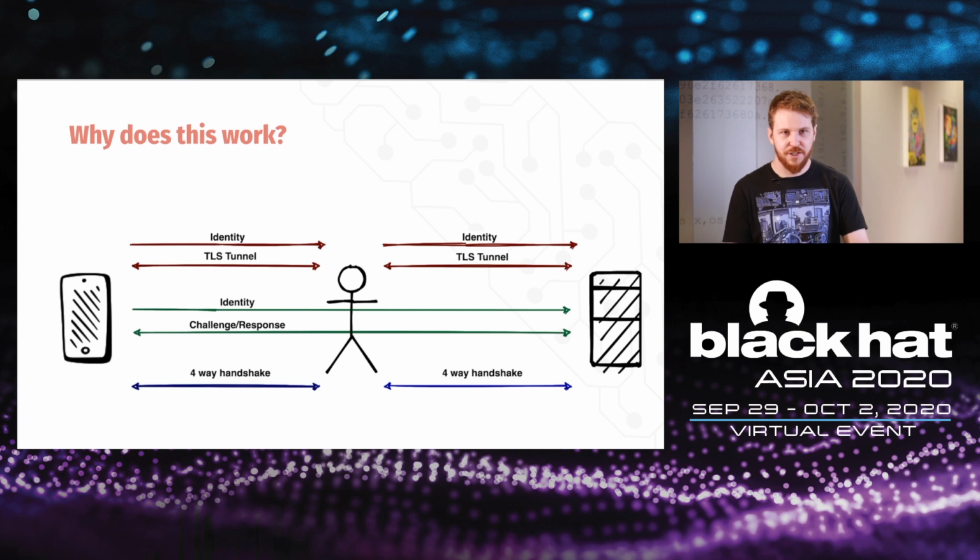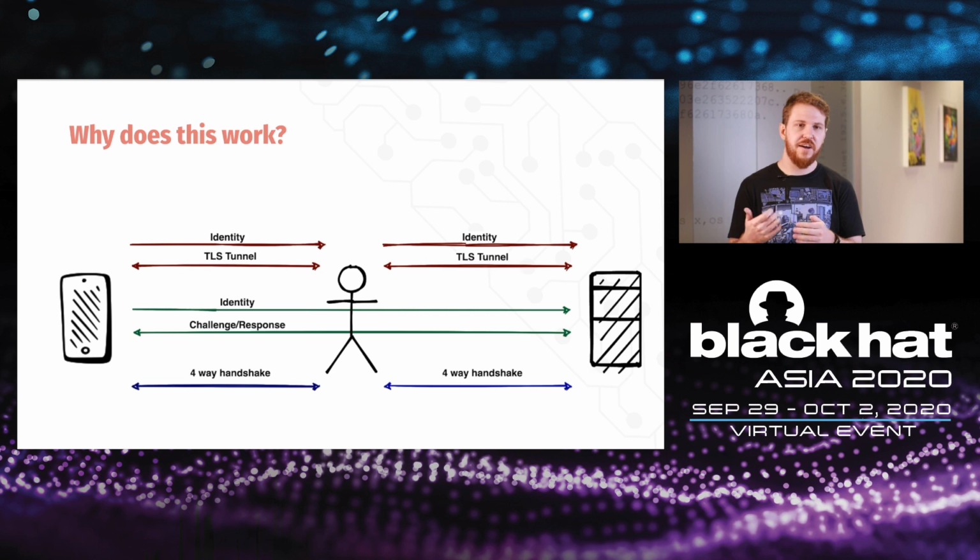So why does this work? Once again, we have 2 separate TLS tunnels, and we have 2 separate four-way handshakes, whereas we have 1 challenge response. So the reason this works is the four-way handshake is the bit that actually connects you to the network at the end of all this, right?